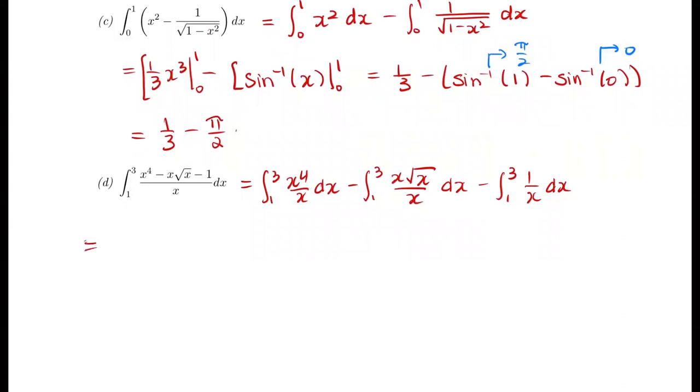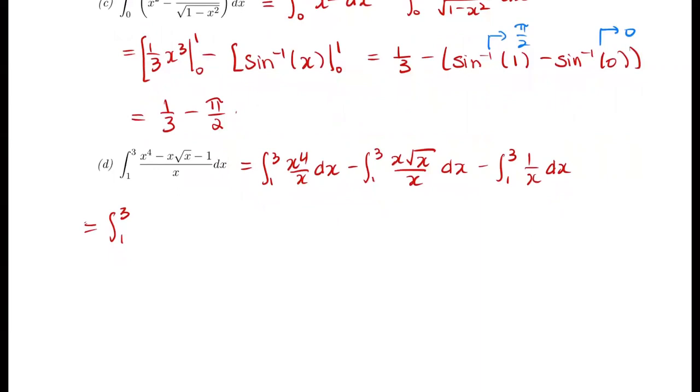And so from here, we could just simplify things a little. So we have the integral from 1 to 3 of x cubed dx, minus the integral from 1 to 3 of root x dx, and minus the integral from 1 to 3 of 1 over x dx.